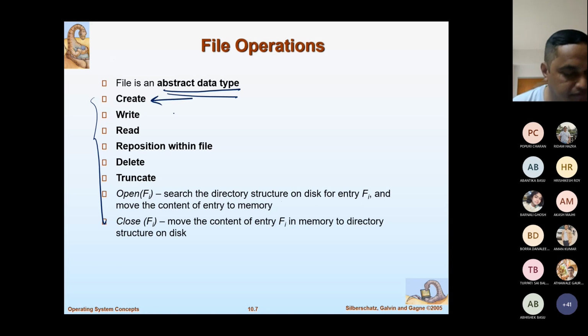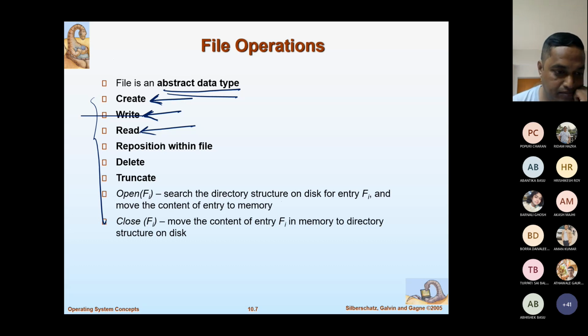Create is a function with which you can create a file. Write is another operation, with which you can write something on the file. Read: you have an existing file in one of your drives or in a hard disk or in a directory, and you want to read some information from that file.